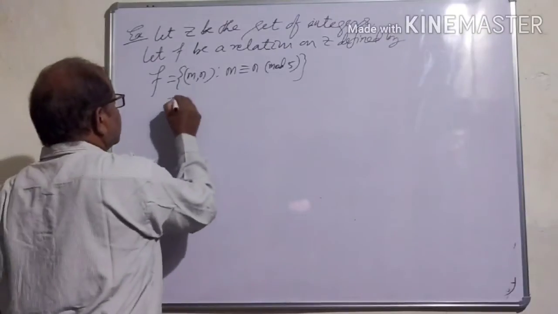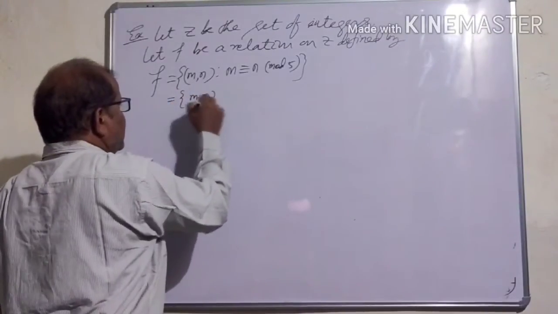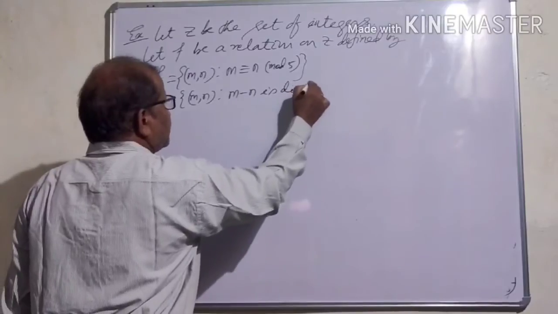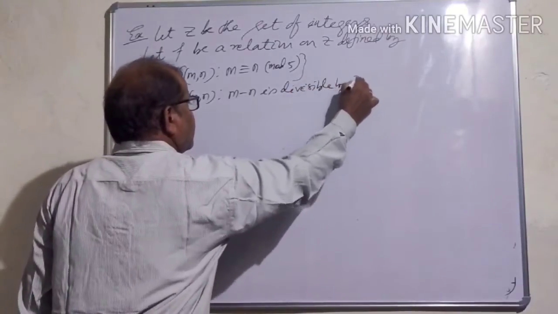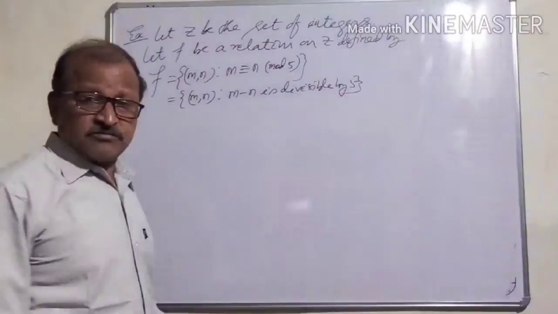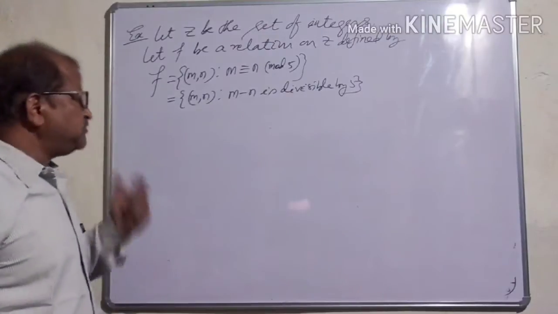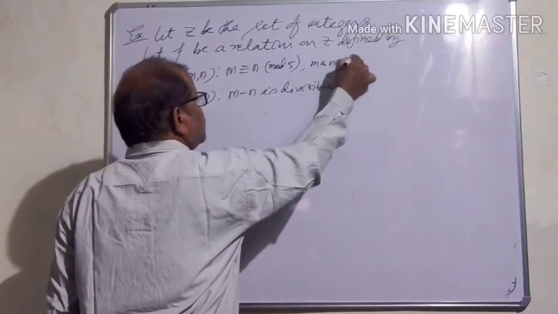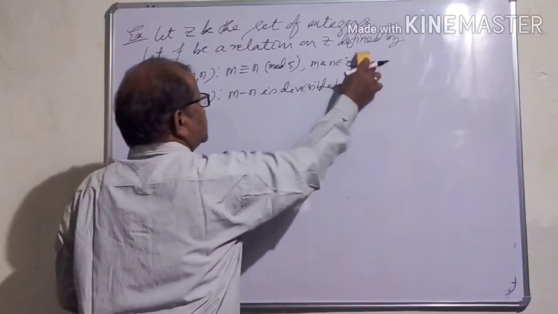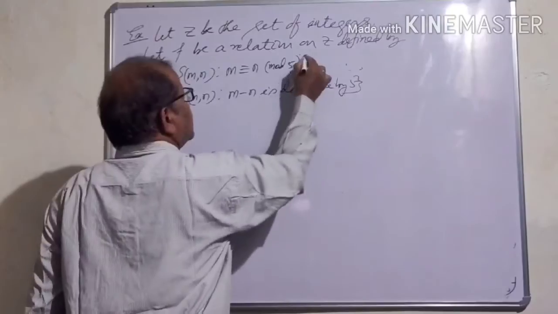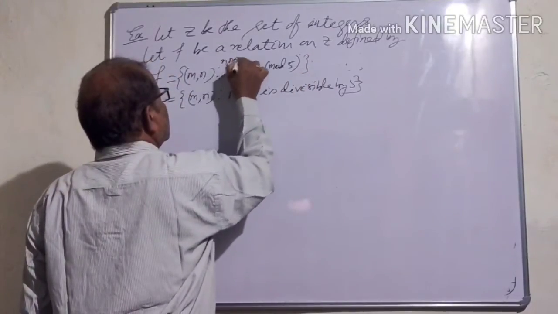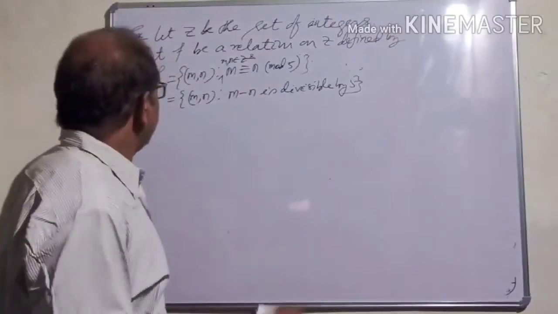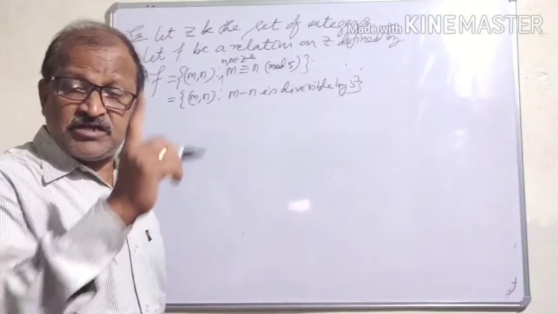That is, m will be related to n when m minus n is divisible by 5, where m and n are integers belonging to Z. Here I should write it, otherwise there is confusion. Let's test whether it is reflexive, symmetric or transitive.